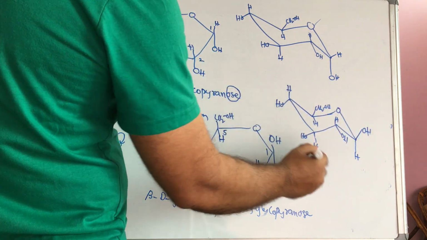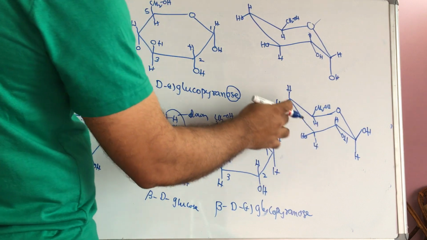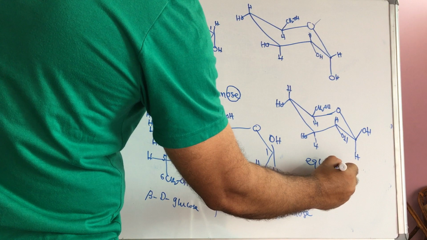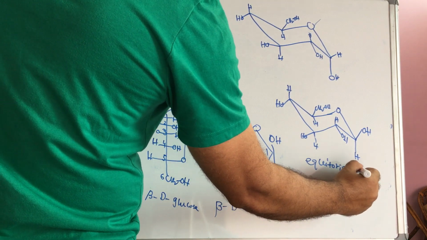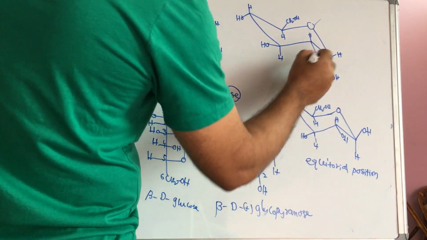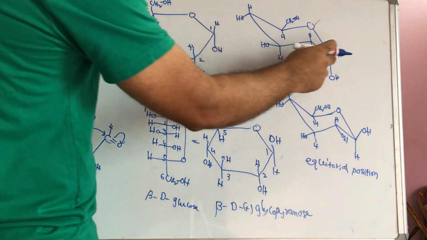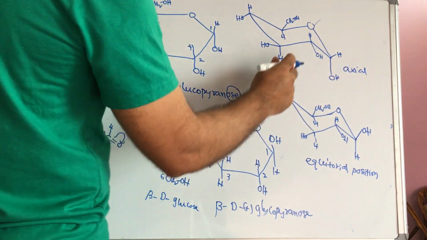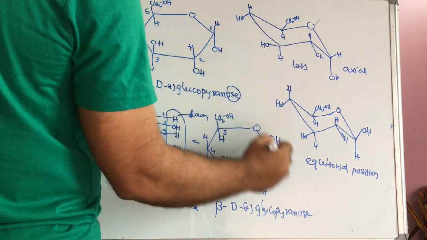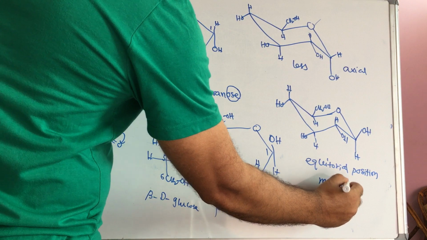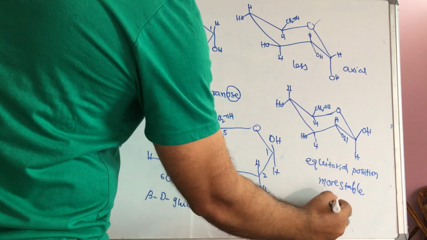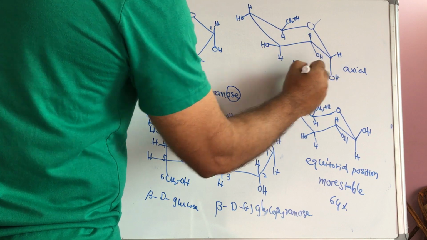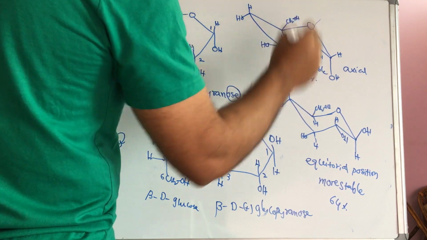So if you observe in beta, all OH groups are at equatorial position. But in alpha, the first carbon OH is at axial position. That's why alpha is less stable and beta is more stable. That's why at equilibrium, beta is 64% and alpha, being less stable, is nearly 36%.